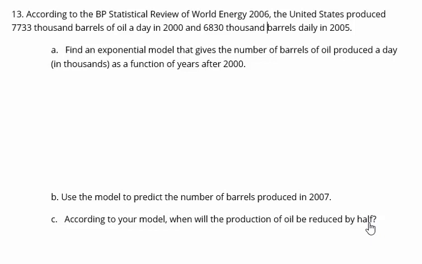Okay, so we can write this information in ordered pair form. So 0 could be the year 2000, and that's 7,733,000 barrels. Okay, and then in 2005, that's 5 years later, and so 6,830.